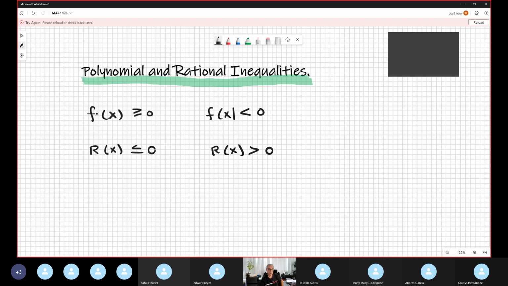And this is a polynomial, or it is rational. But there are many ways, guys, to solve this. Some teachers explain different methods.